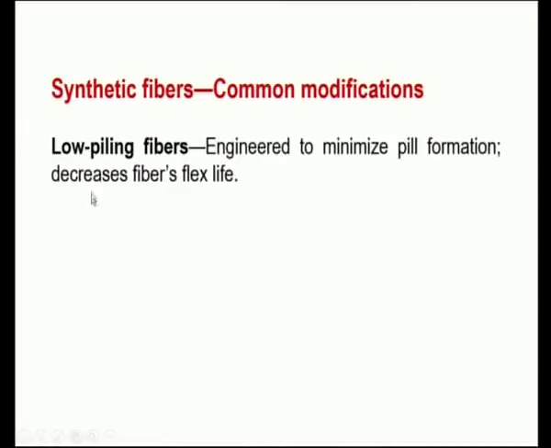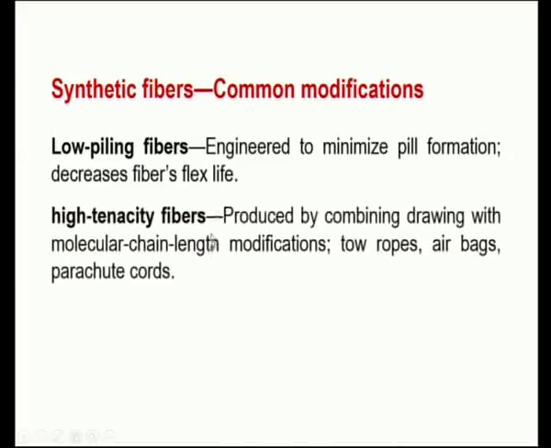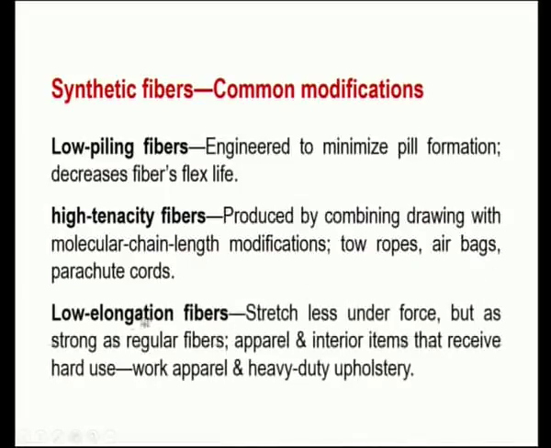Another common modification is low pilling fibers, engineered to minimize pill formation, which decreases fiber flex life. High tenacity fibers are produced by combining drawing with molecular chain length modifications, for ropes, airbags, parachute cords, etc. Low elongation fibers are stretchless under force.